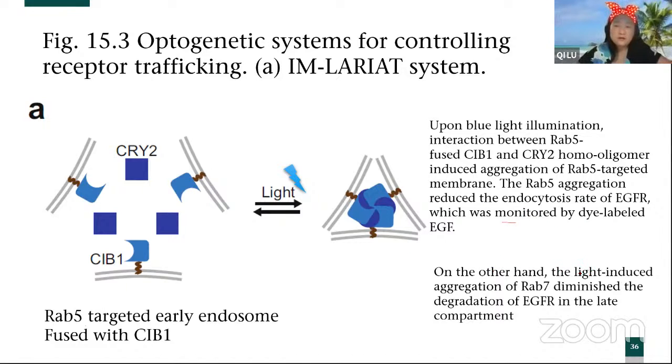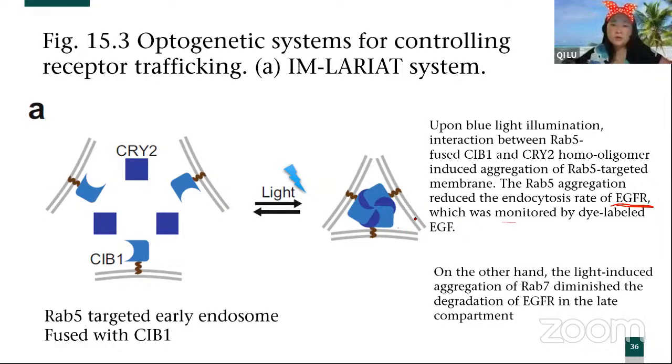On the other hand, light-induced aggregation of Rab7 diminished degradation of EGFR in the latter compartment. So these compartment aggregations were like a pause of the cell functions related to the growth factor receptors.